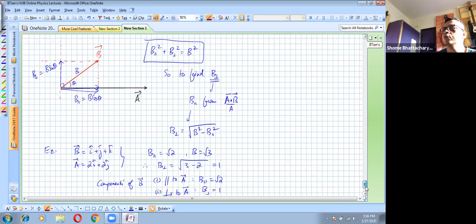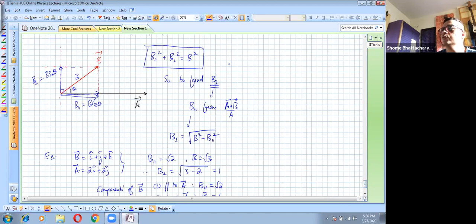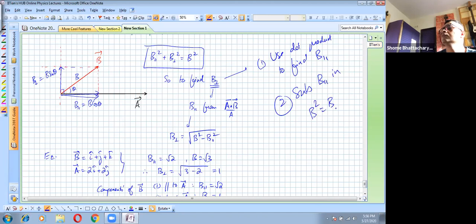Not directly from dot product, but from dot product first we find B parallel. So to find B perpendicular, first use dot product to find B parallel, and then substitute this B parallel in the equation and find the perpendicular.